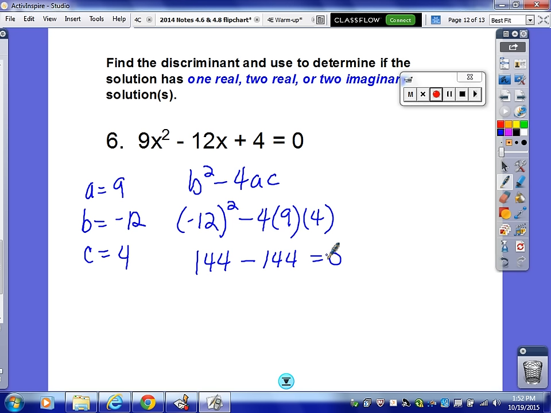So this is equal to 0. Since it is equal to 0, that means there's one real solution and 0 imaginary. Okay. All right, if you have any questions, please ask during class.